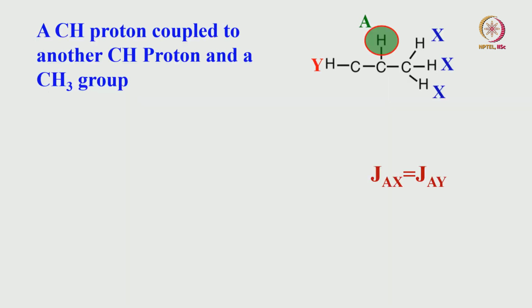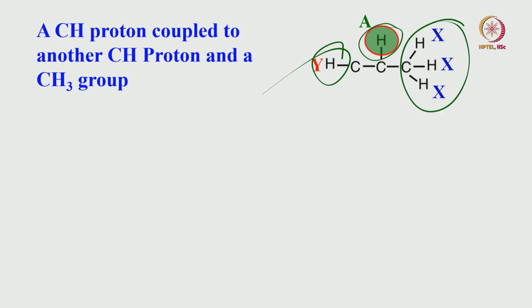I take a hypothetical molecule like this. When I consider a proton here which is highlighted in green, it is coupled to two things, one CH proton and also CH3 protons. Understand the point. Proton A is coupled to proton Y, it is a single proton. It is also coupled to CH3, which is 3 protons, which is X. So, this is AY, I call it JAY, this is JAX.